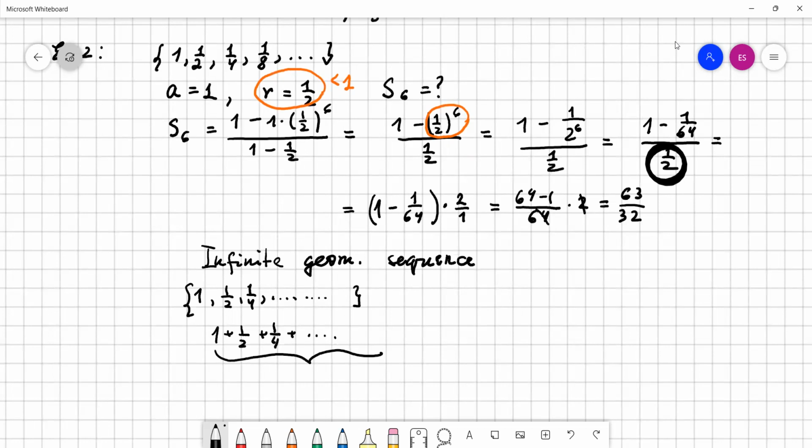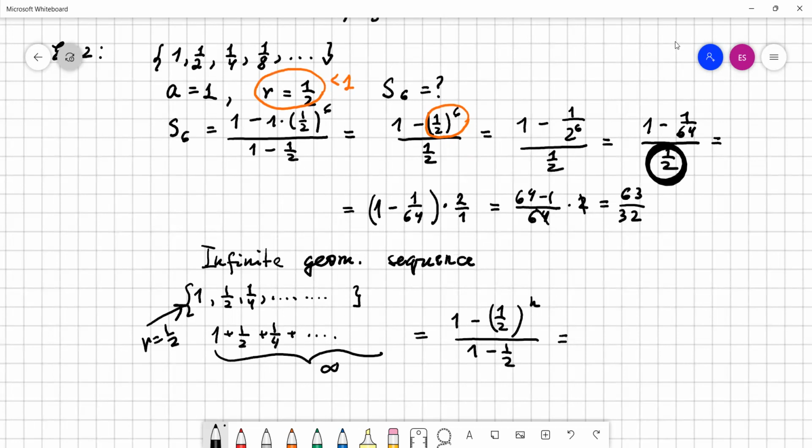If you want to have all infinitely terms, what is going to happen? Well, if you use a formula, we're going to have 1 minus 1 over 2, that's the same ratio, r equals 1 over 2, right? To the power of n, divided over 1 minus 1 over 2.